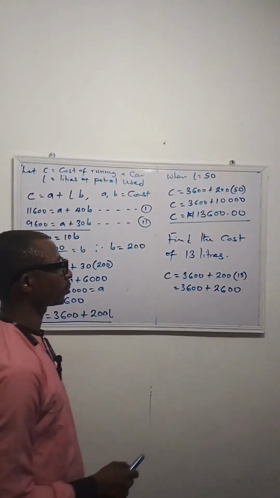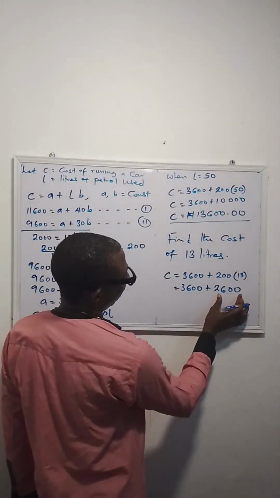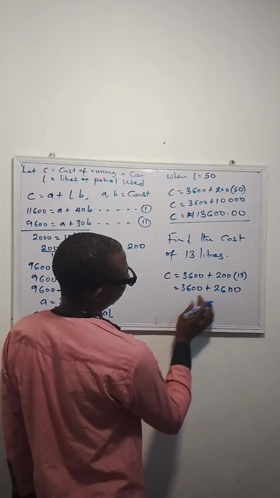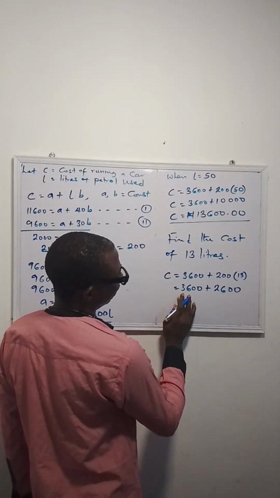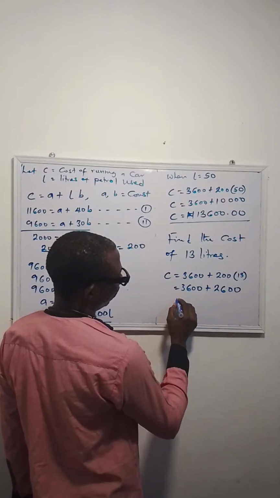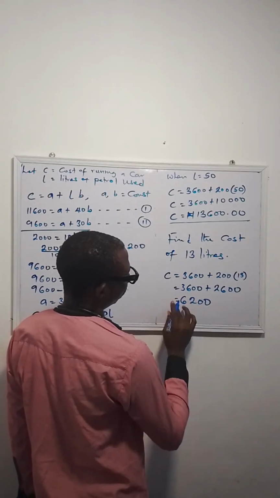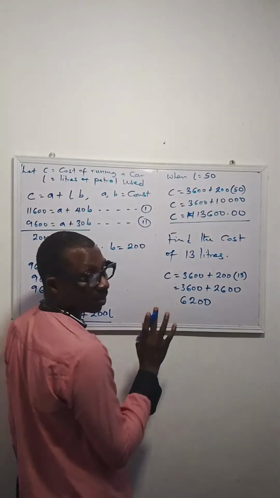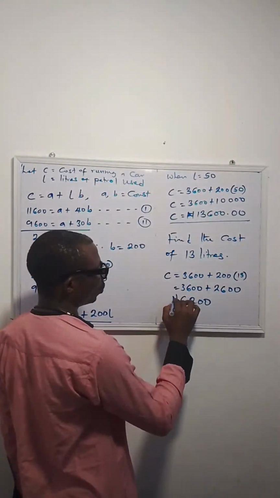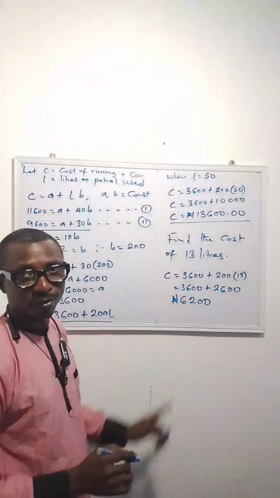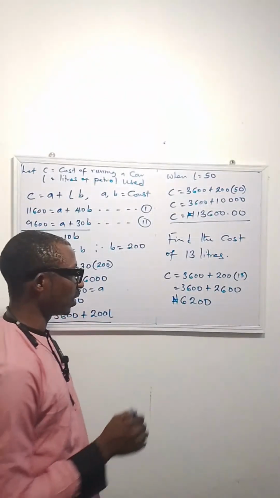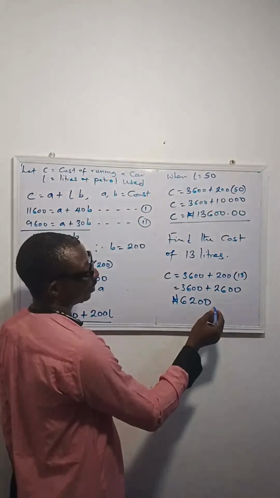Now we add 2,600 and 3,600. What do you have? 6,200. And don't forget, we are talking about cost, so you must put units. If you don't put units, your answer is wrong.